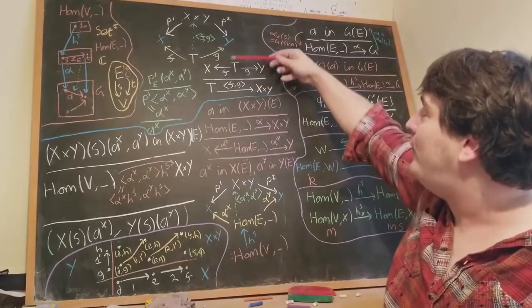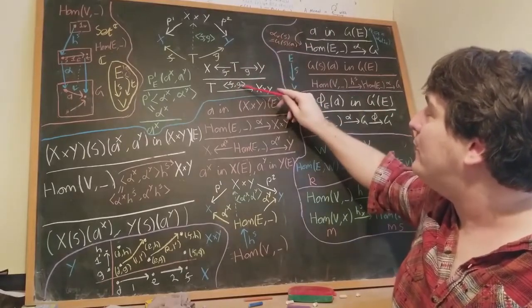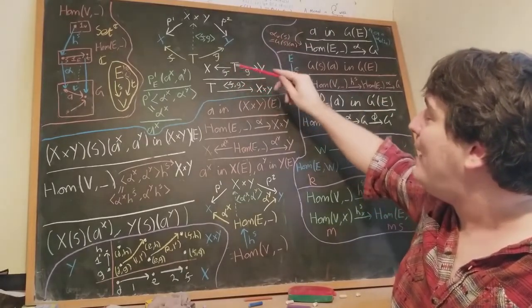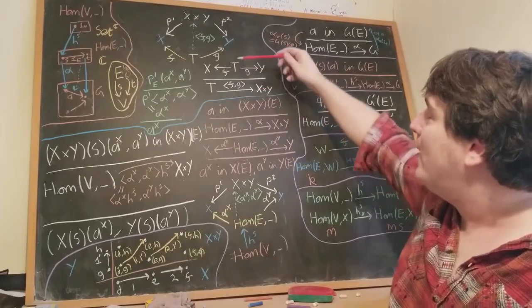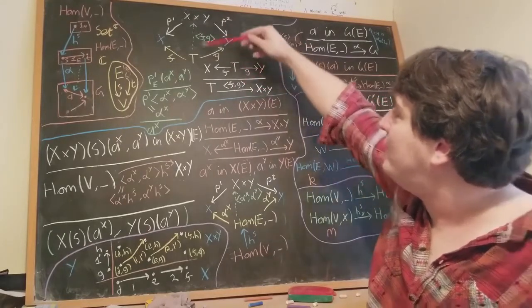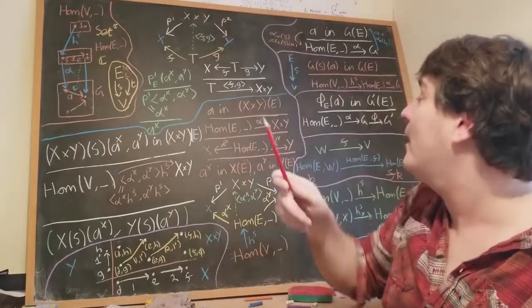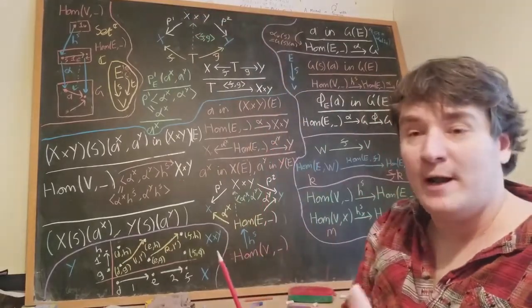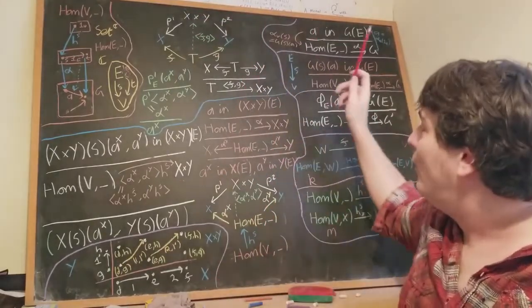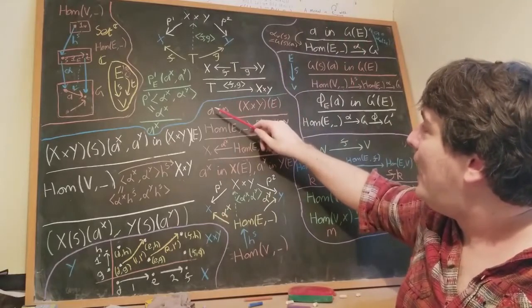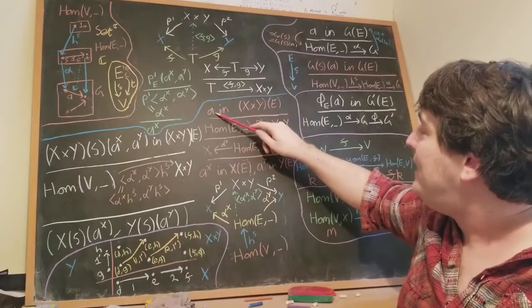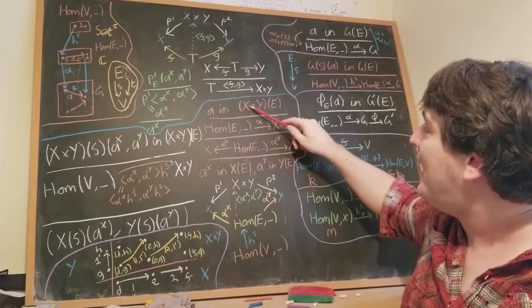We can convert between these two because given this, we can do P1 after it to get f and P2 after it to get g. And we can go from here to here using this universal property. So, that's great. Now let's understand what we mean by an element A of type E in x times y.